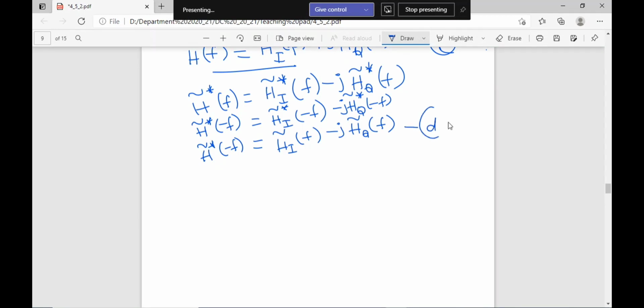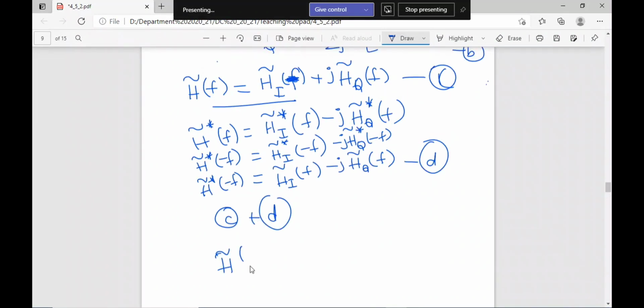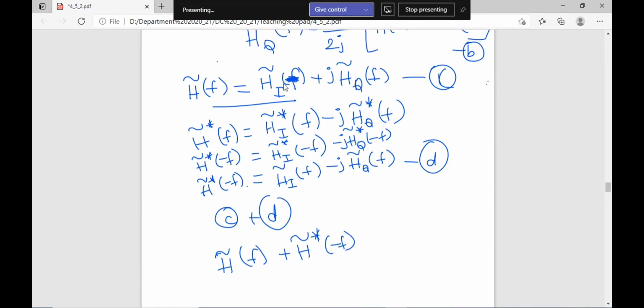This I'll consider as d now. Okay, now what I'll do, I'll add c plus d. When I add c plus d, I have h tilde of f plus h tilde star of minus f. These two I'm adding, this and this I'm adding. So on the right hand side, this one and this one will get cancelled, and I'll be left with only 2 times hi tilde of f.